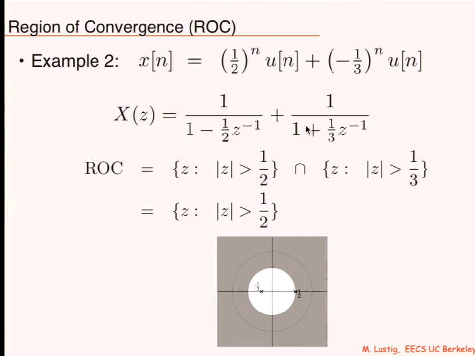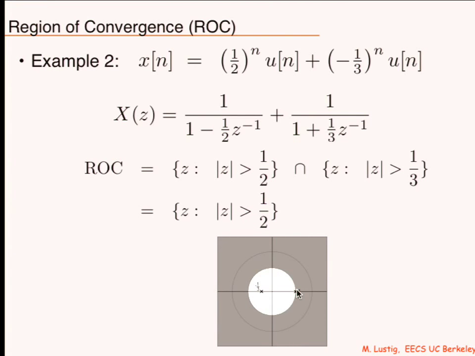This one is only true if the magnitude of z is greater than one half, and this one is only true if the magnitude of z is greater than one third. But the whole thing is only true if z is greater than one half, because anywhere inside here, even though this will converge, this will not.